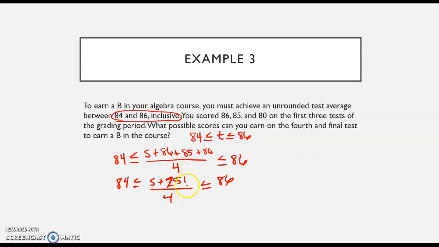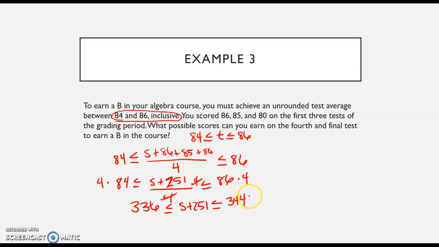So to get rid of this divide by 4, I'm going to multiply by 4. So I multiply the 84 by 4, and that gives us 336, less than or equal to S plus 251, is less than or equal to 86 times 4, which is 344.